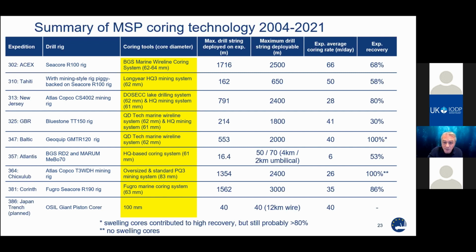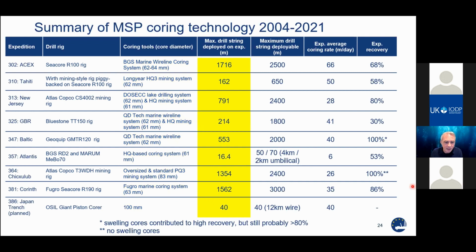So we're looking at typically between 61 and 63 millimeters diameter, although we did recover a slightly wider diameter core of 83 millimeters during the Chicxulub expedition. And obviously giant piston coring does offer a much wider core diameter of 100 millimeters.